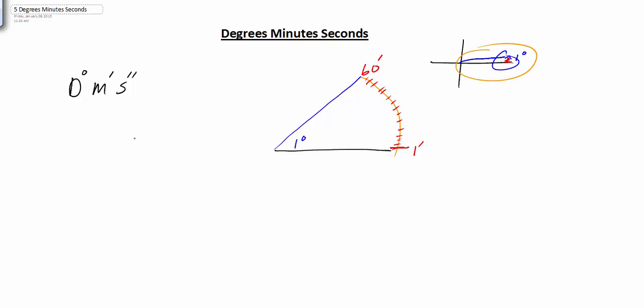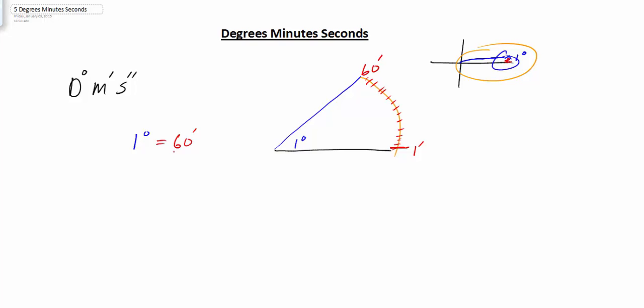So here we would say 1 degree is equal to 60 minutes. Technically you would never really say 60 minutes, because that would be equal to 1 degree. If you wanted to represent something almost a degree but not quite, you would say 59 minutes.